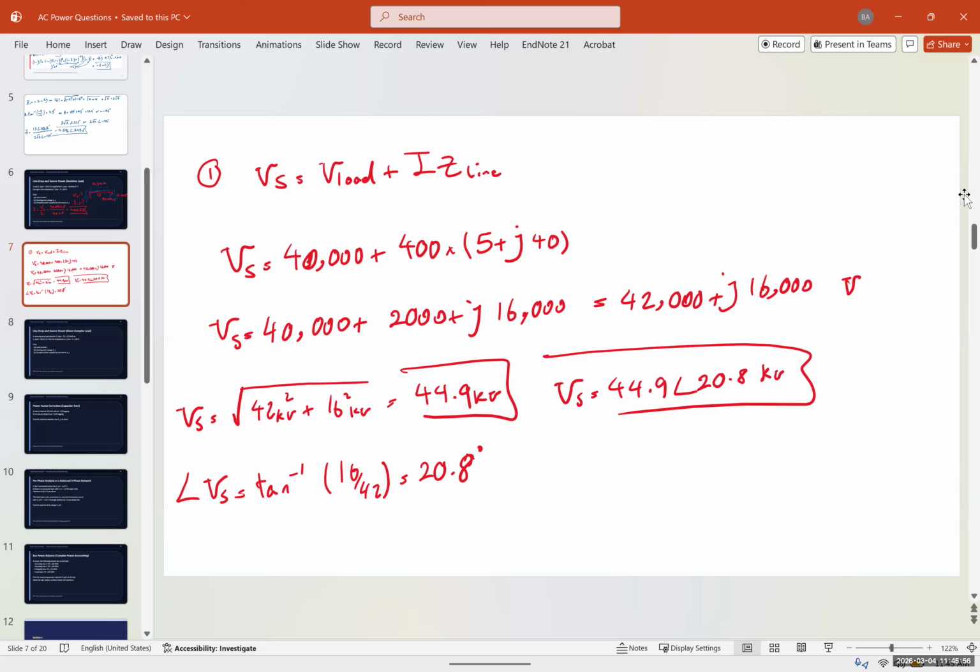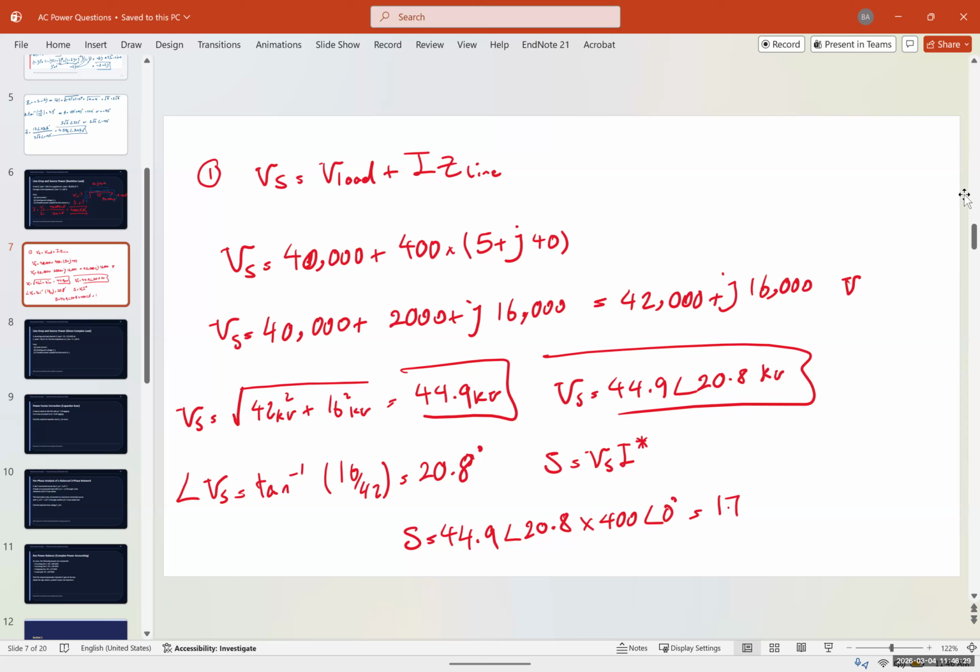Now that we have found Vs, I can find S, which is Vs times I conjugate. So S would be equal to 44.9 with an angle of 20.8 degrees times the 400 amps that we had with an angle of 0 degrees. We multiply 44.9 by 400 and add the angles.